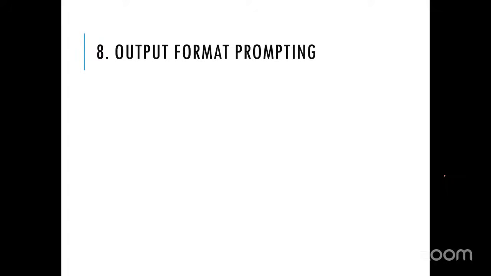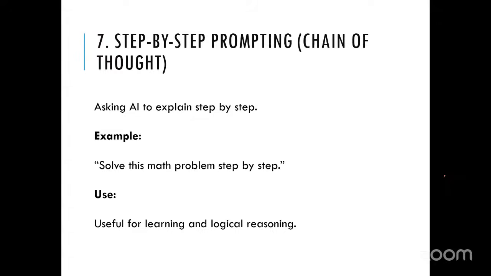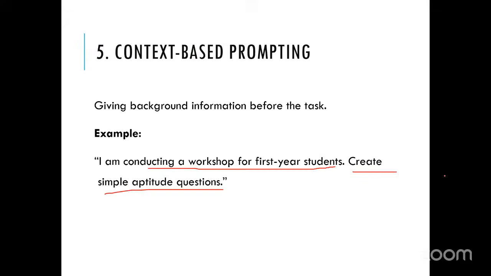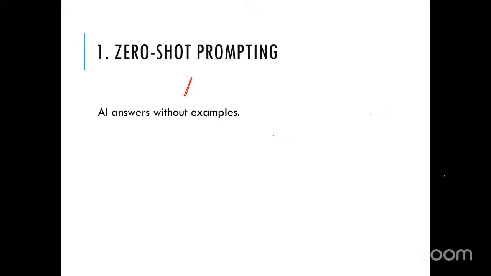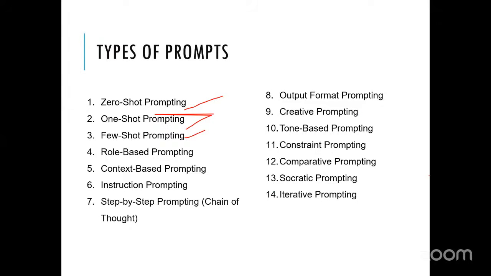Output prompt. Before that, you have completed 6 types of prompting. Let me show this. See here, you completed zero shot prompting, one shot prompting, few shot prompting, role based, context based, instruction prompting, and step by step prompting.